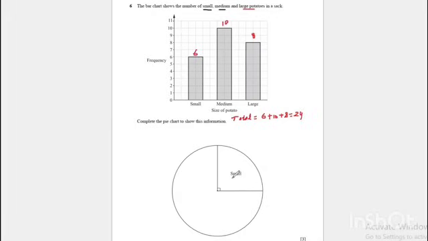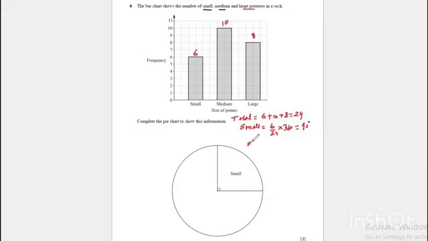One they have done for us, for small, but look how they found it. For small, we have 6 out of 24, as we are looking at a 360 degree pie chart. So that means multiply by 360: 360 divided by 24 gives us 15, and 15 multiplied by 6 is 90. So the first answer is 90.